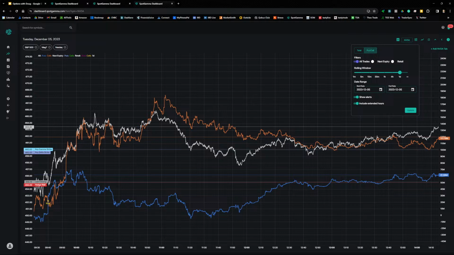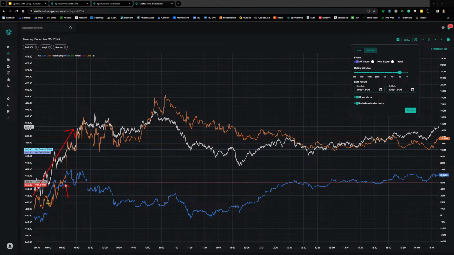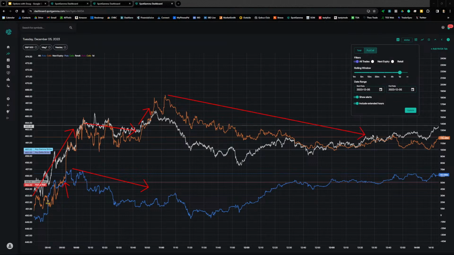So in the morning, traders were buying calls, shown by the rising orange line, and they were selling puts, shown by the rising blue line. Note as the blue line levels off, the call line also levels off, price consolidates, call buyers come in, move price a little bit higher, they take their foot off the gas, and now price is consolidating.